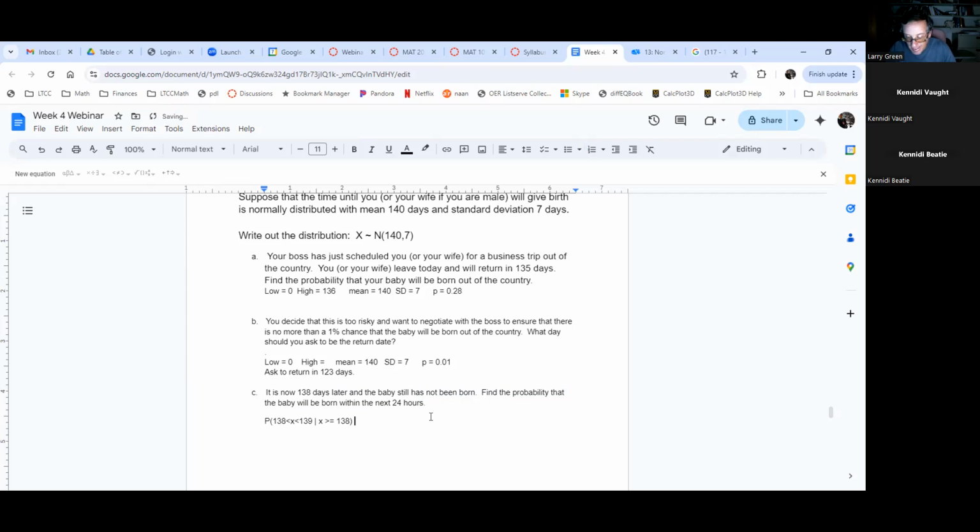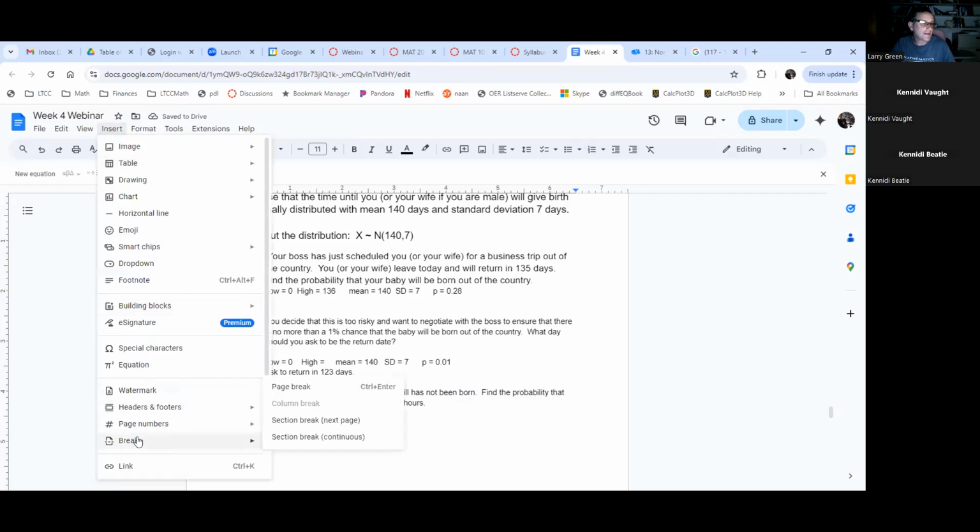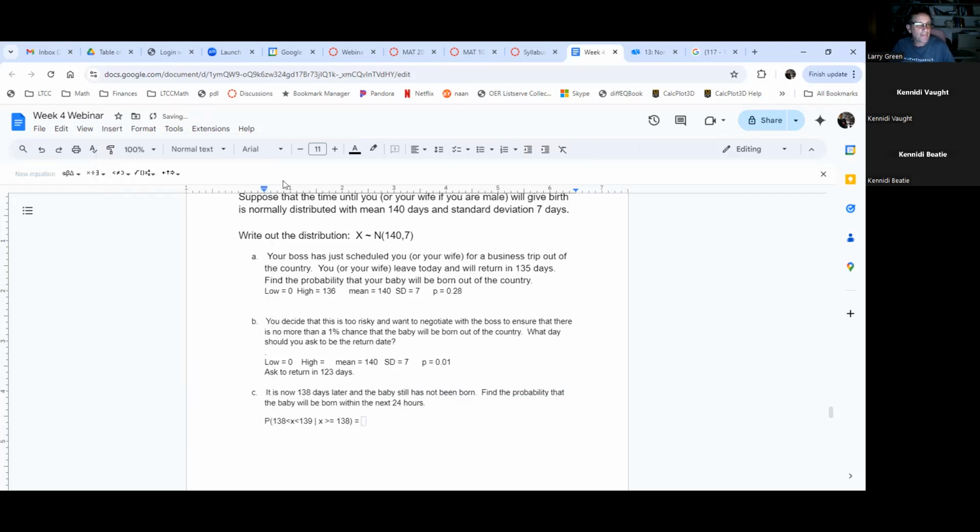Okay. Again, we had a formula for that. It was a fraction, and the numerator is going to be the probability of both happening. The probability of being both between 138 and 139 and being greater than or equal to 138, which means we're still between 138 and 139.